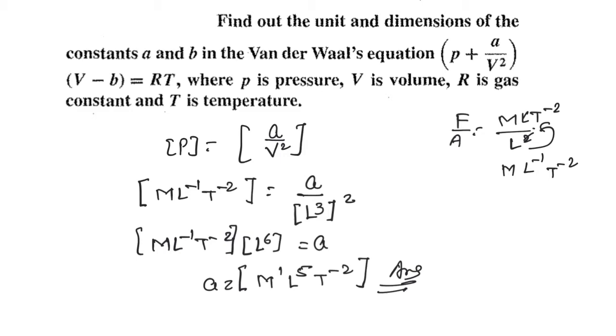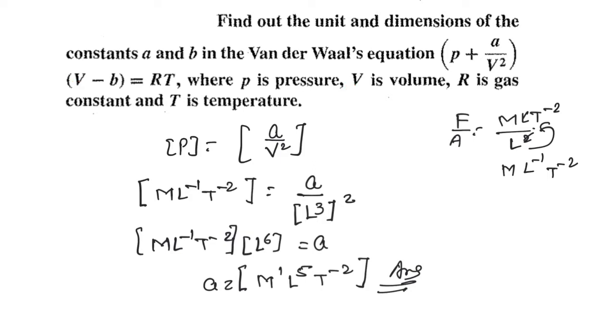Okay class. Now if you want to find the dimensions of B also, can you see this B, class? And we want to find the dimension of this B. Now we can add same, we can subtract same. For example, if B is length, then V should also represent length. But here what is V, class? V is the volume.